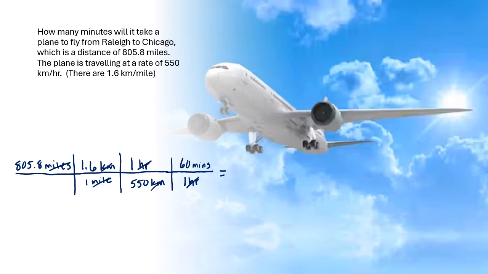If you round everything off, it comes to 141 minutes on a flight from Raleigh to Chicago at an average rate of 550 kilometers per hour. Now, that would be a pretty fast commercial plane, but not out of the realm of possibility, I guess.